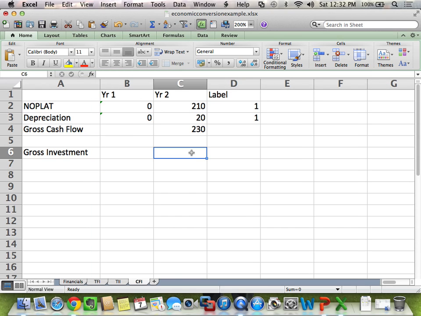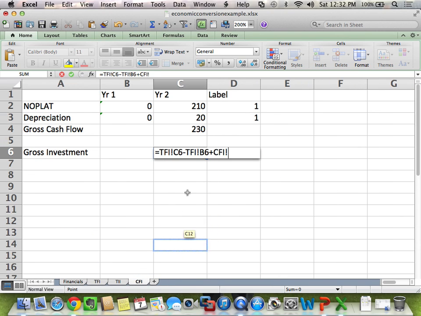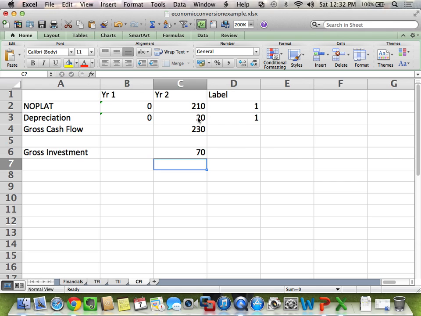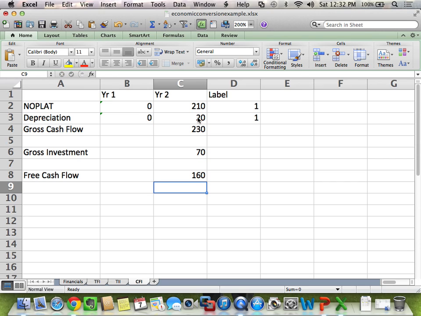The definition of gross investment is current year's invested capital minus previous year's invested capital plus current year's depreciation. That is gross investment, and that gets us something called free cash flow, which equals gross cash flow minus gross investment.